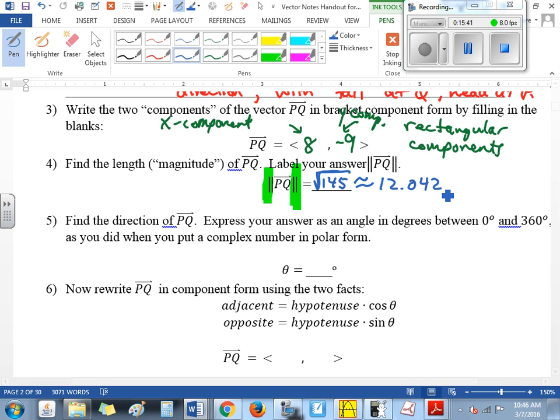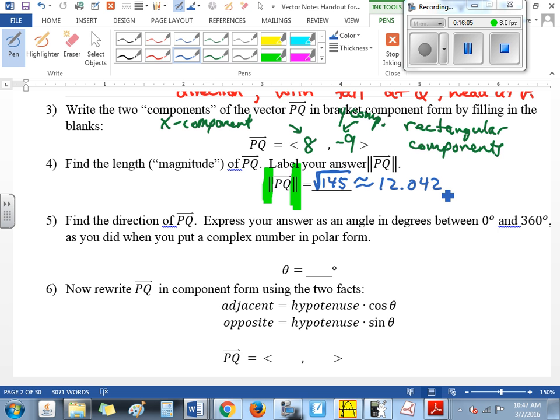Okay, find the direction of vector PQ. I don't mean right and down. I'd like an actual angle. So we've done this before. Do it the same way you did when you put a complex number in polar form. So remember how you did that? You did arctan y over x. Right?